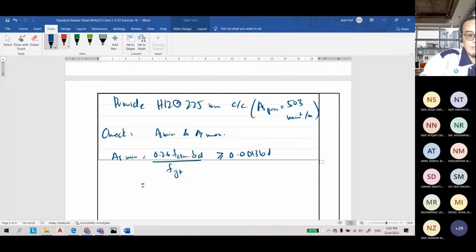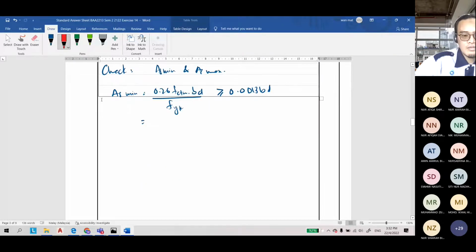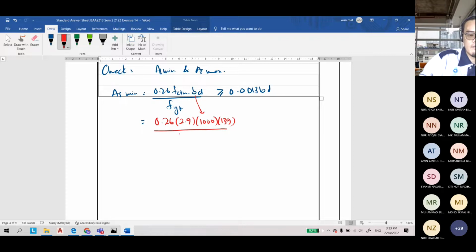So equal to 0.26, what is the value of fctm? 2.9. Okay, 2.9, you have memorized it since you're used to doing this. And then b is always 1000 and d is 139. So divide by 500, greater than or equal to 0.0013 times 1000 times 139.